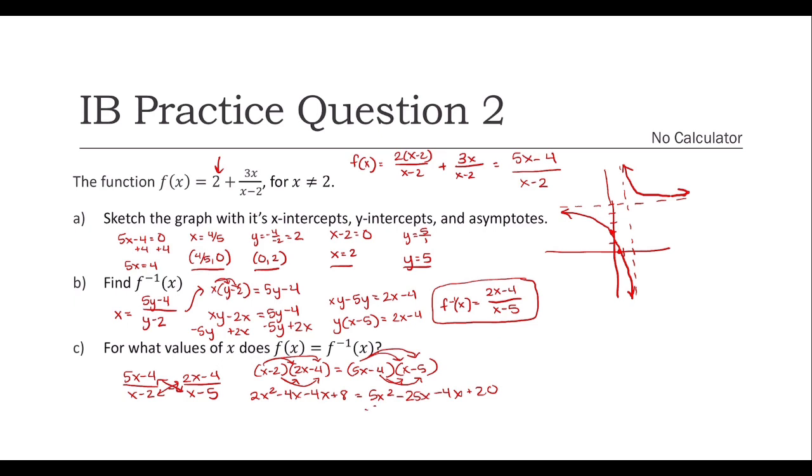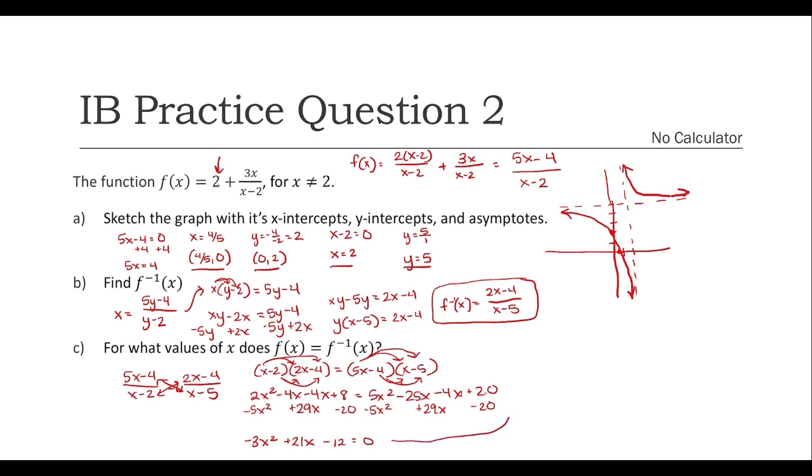So we'll subtract 5x squared from both sides to get negative 3x squared. On the right side, we have negative 29x, so we'll add 29x to both sides. So that'll give us 21x, and then we'll subtract 20 from both sides. So minus 12 equals 0.